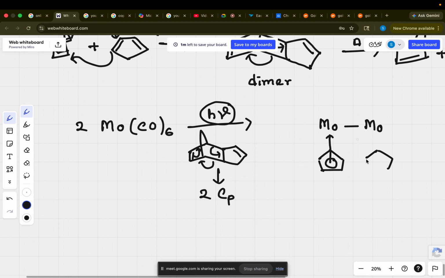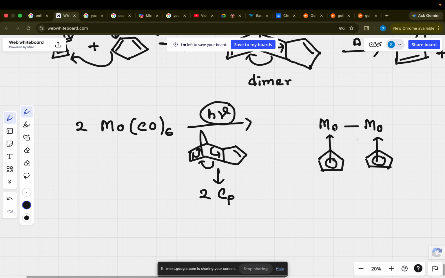So now the compound is getting dimerized in presence of h nu. The molybdenum bond is forming because you are using 2 moles of that, and this cyclopentadienyl is donating electrons. This one is also donating electrons.